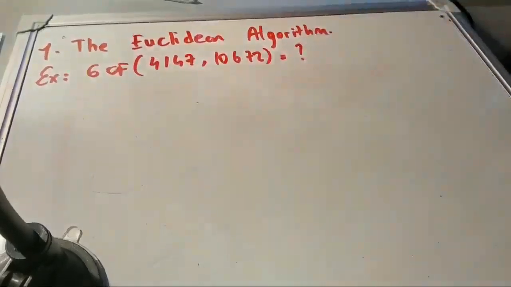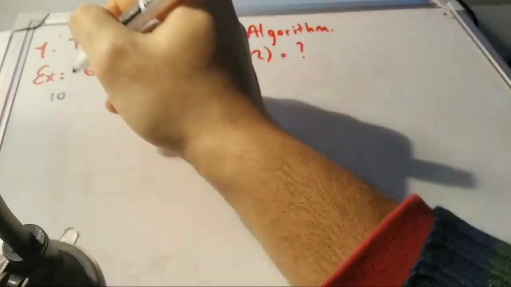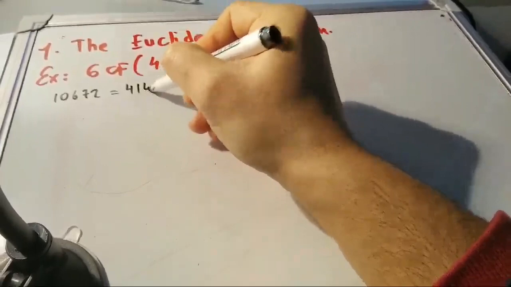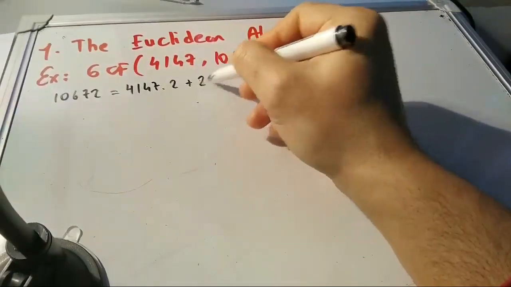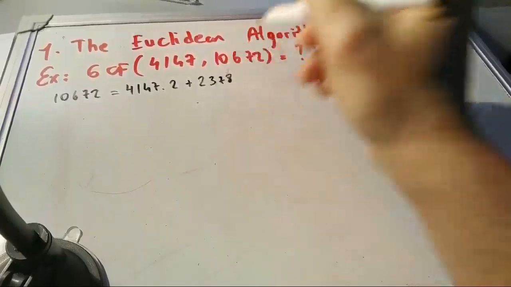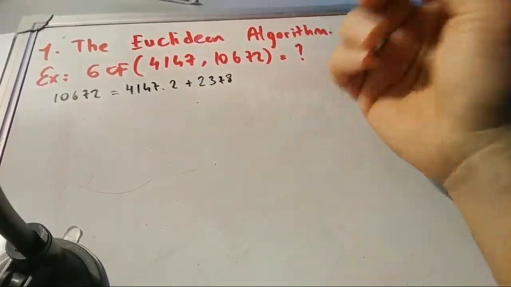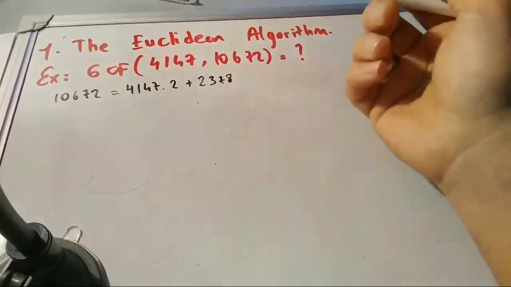What is greatest common factor? Notice that 10,672 is equal to 4147 times 2 plus 2378. We use the steps in the Euclidean algorithm to write the greatest common factor of two integers as a linear combination of two integers.